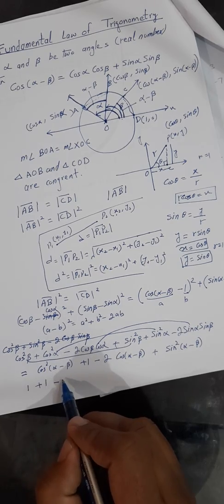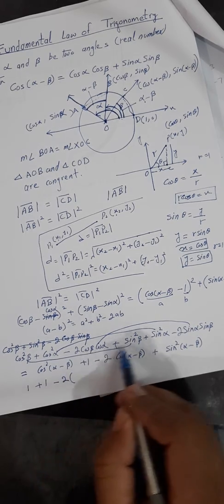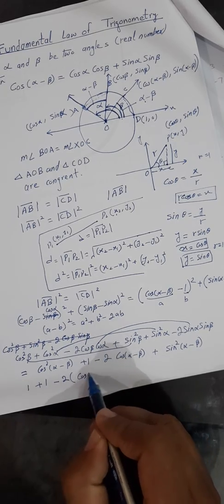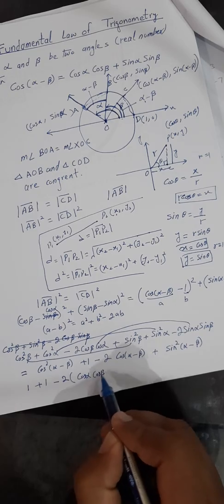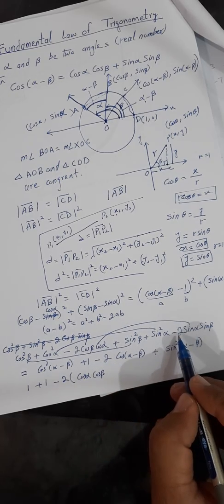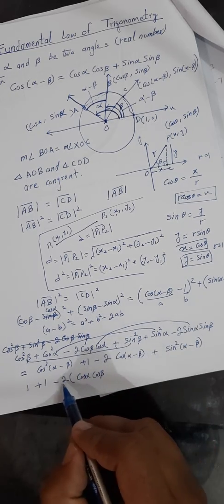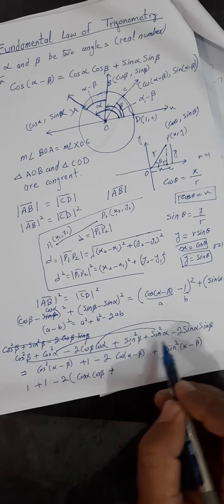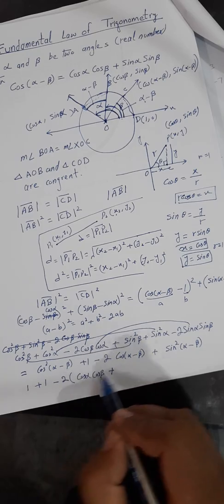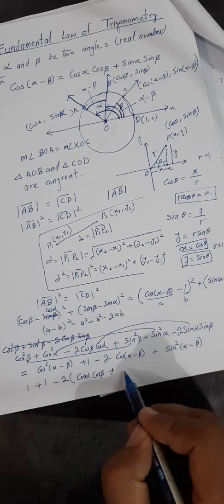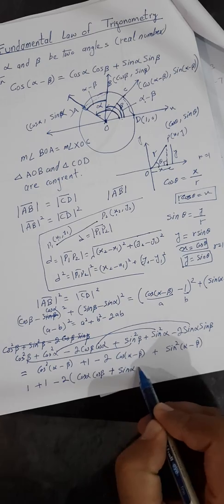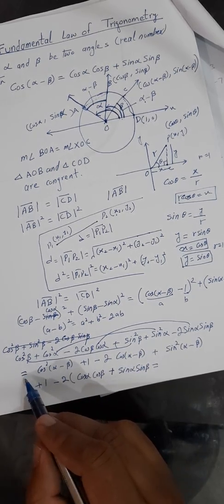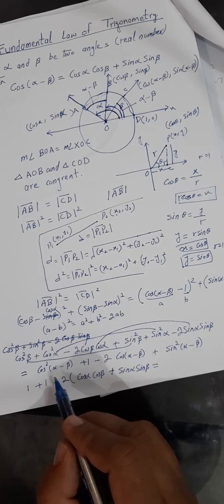We take common negative 2 from both of them and write a positive sign inside because the negative sign is outside. This is equal to the right-hand side of the above equation.